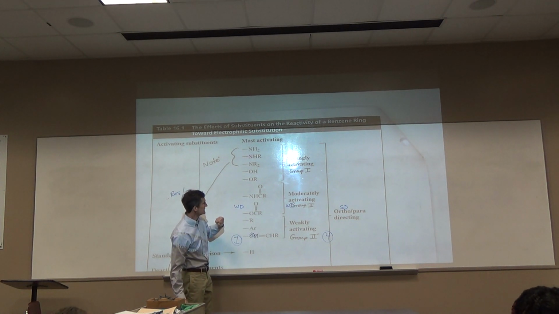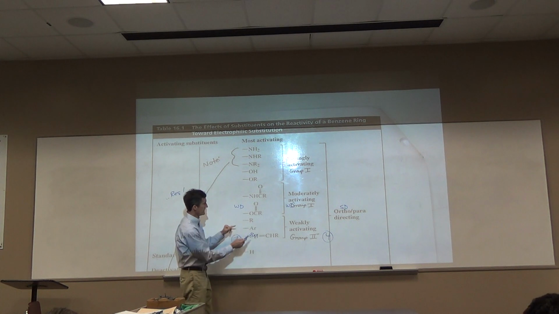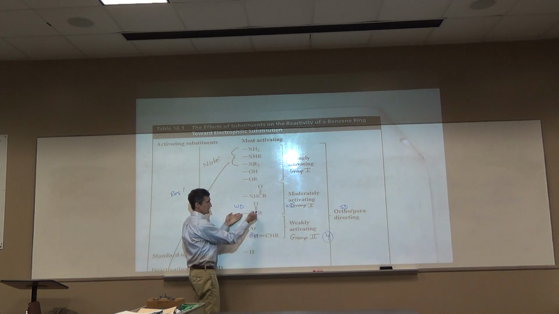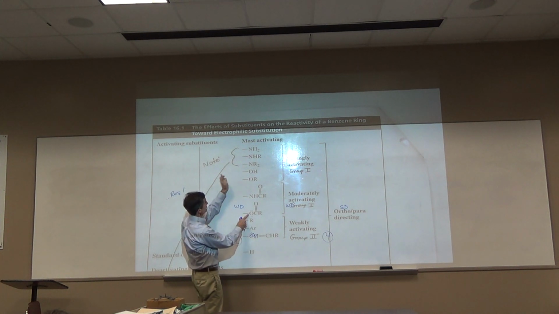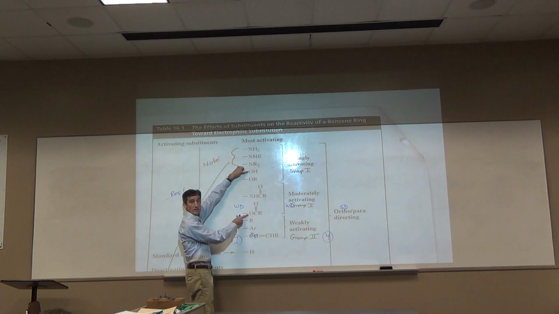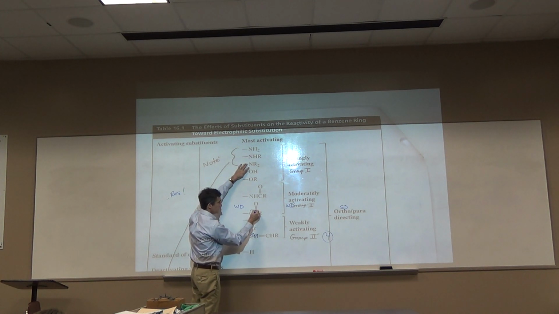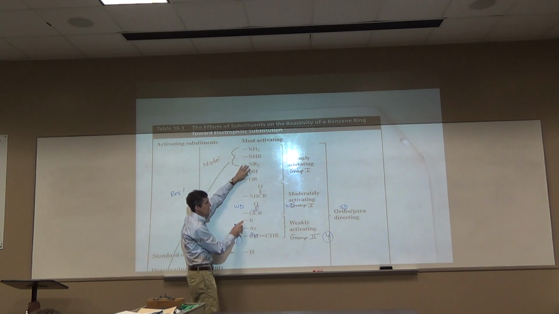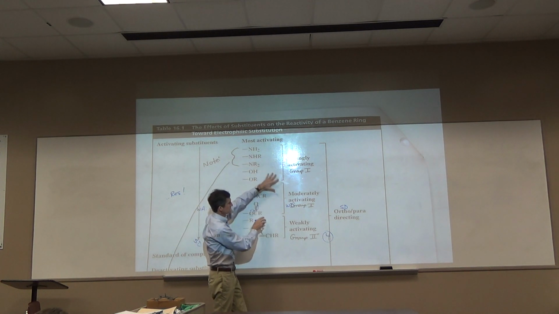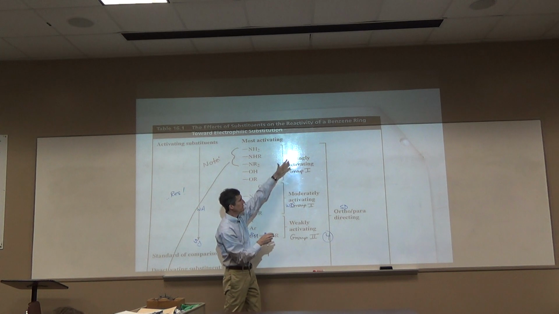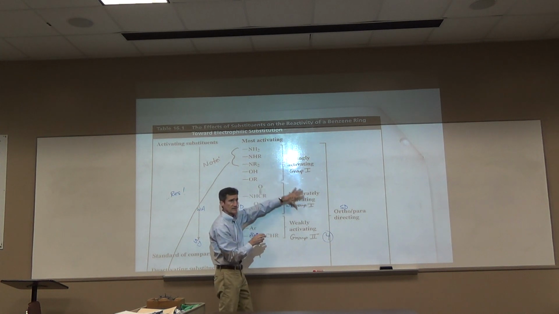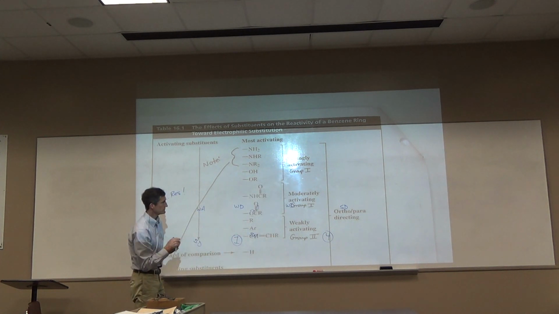But see, the difference is, remember the ester that had the oxygen bonded, but it was to an ester? And I asked you, which one's going to be strongest activating, and we said the one just OH. Because here, the electrons are moving this way into the carbonyl. So that's why these are just called moderately activating as opposed to strong activating. But I just grouped these together as group one.